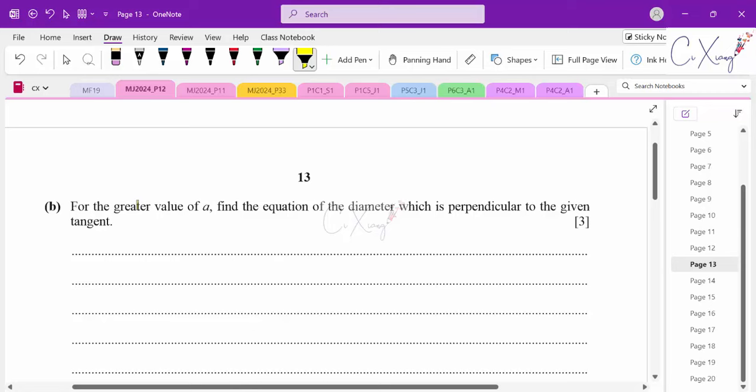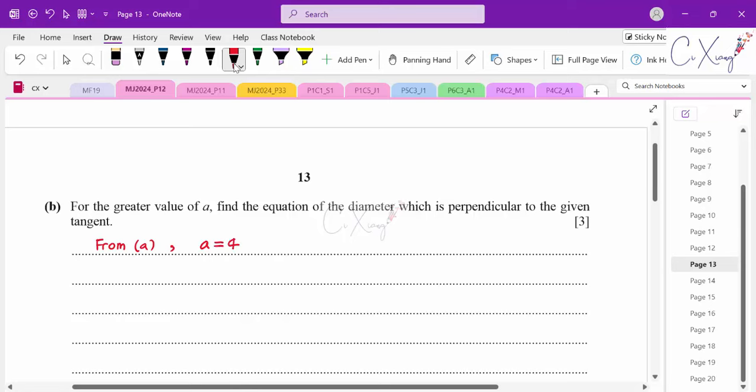For part B, for the greater value of a, find the equation of the diameter which is perpendicular to the given tangent. We get our answer from part A. From part A, I know that the greater value of a is actually 4.